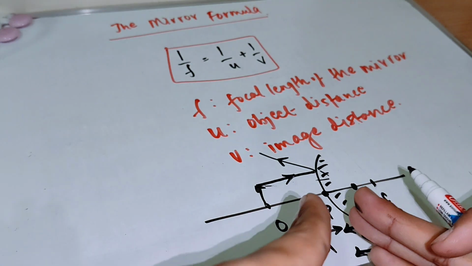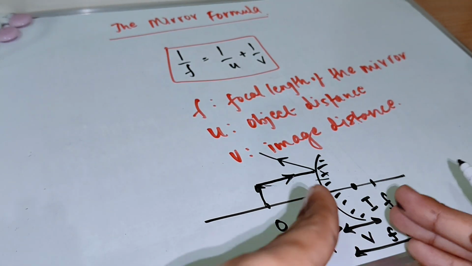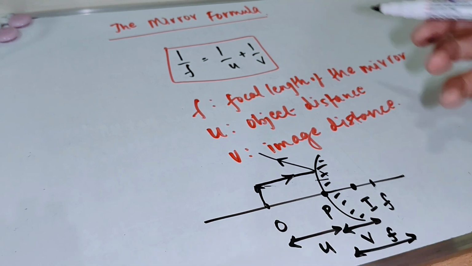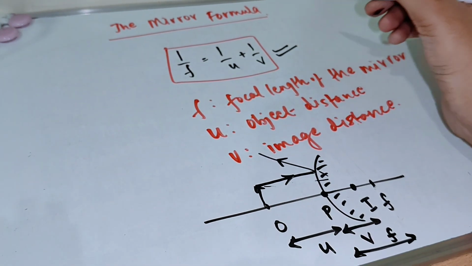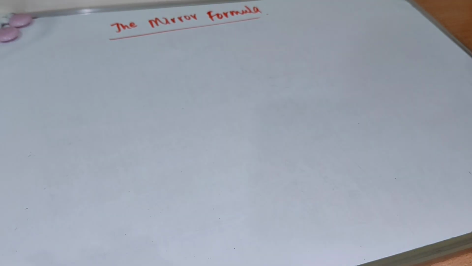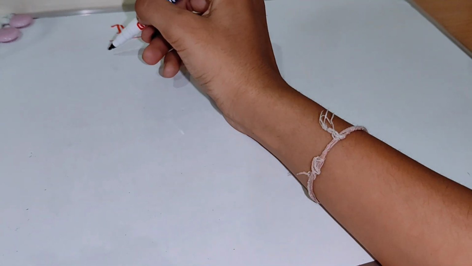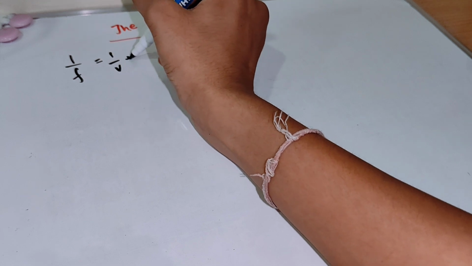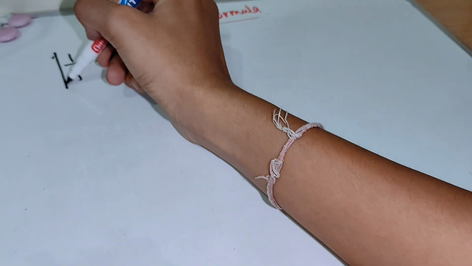So this is the distance of the object, this is the distance of the image, and this is the distance of the focus. So this formula gives us the relation between f, u and v. In this video, I am not doing the derivation of the formula, but we are going to solve some problems related with it. So first, what we learned is 1 by f is 1 by v plus 1 by u.